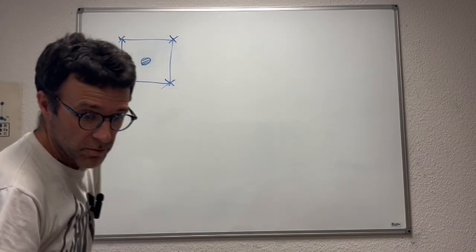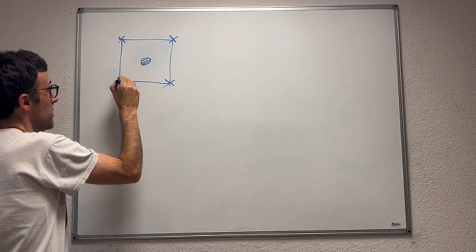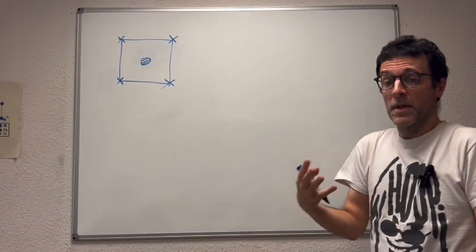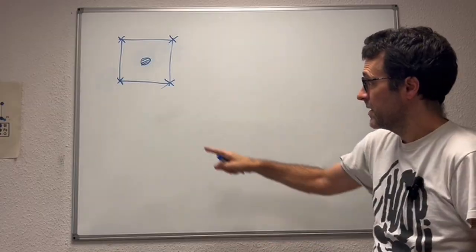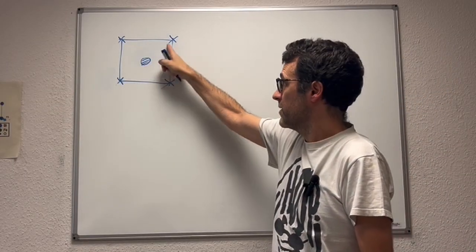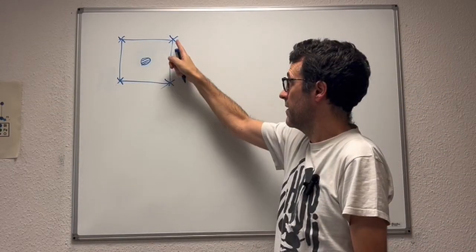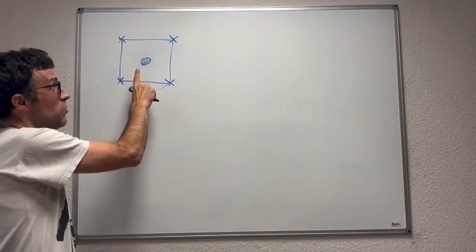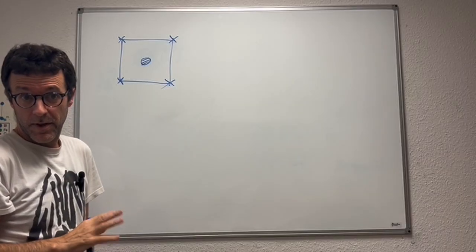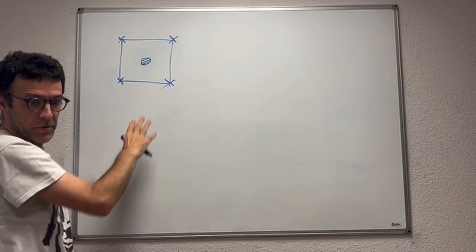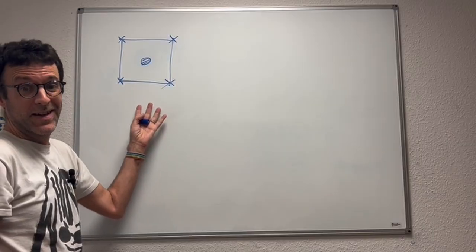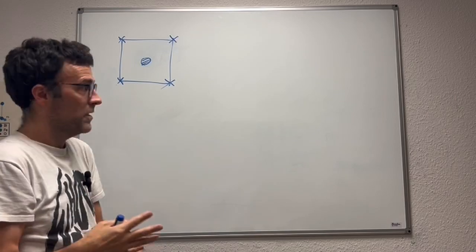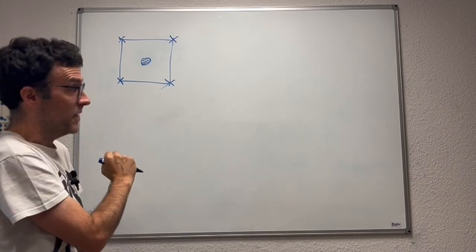Okay, so we have this little crystal in this square unit cell, and we are going to hypothesize that for some reason, essentially because of chemistry, because this oxygen atom in the middle wants to form bonds of a certain length with those lead atoms, this oxygen atom is going to have a tendency to move outside the center of this square. Okay, so actually this is kind of what we will call later the high symmetry structure for this material, but the material reduces its energy by distorting or getting away from this high symmetry structure.